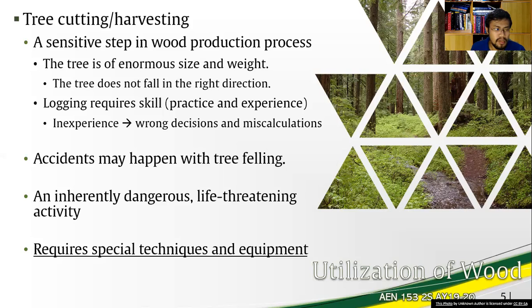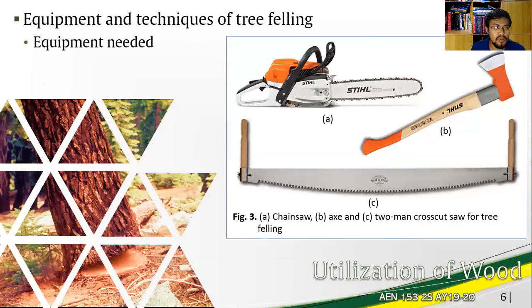So what are the equipment and special techniques that we need? First and foremost, on the screen you can see now those equipment. What is that? It's a chainsaw. Next is an axe. Letter C is a 2-man crosscut saw for tree felling.